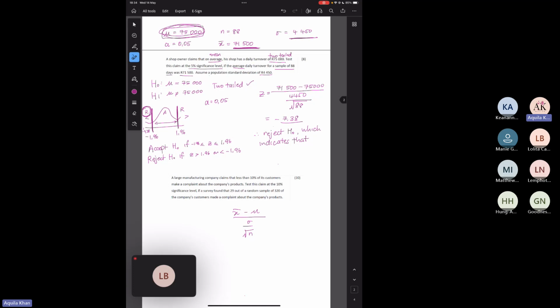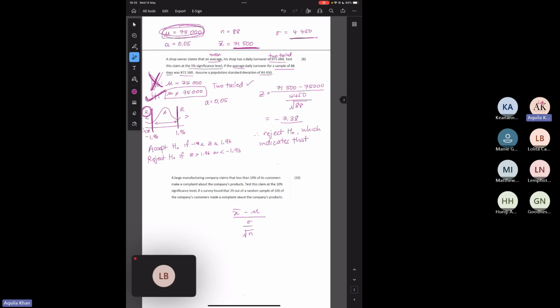So you will say we will reject the null hypothesis, which indicates that, and now we go back to the null and your alternate hypothesis, because obviously those are together. If we're saying we reject the null, that means that we are saying that the null hypothesis is not true, which means automatically that the alternate hypothesis is true. And the alternate hypothesis is saying that the average turnover is not 75,000 Rand.